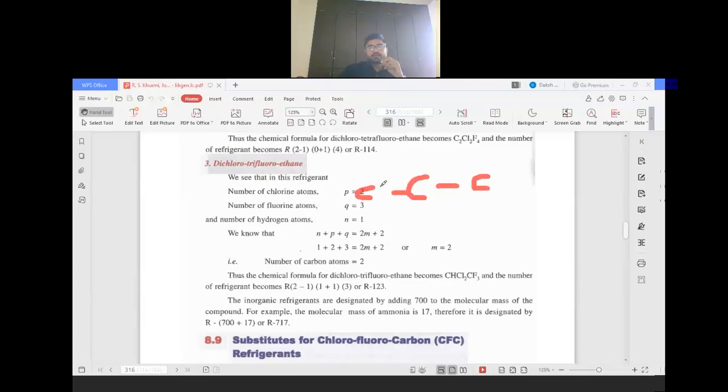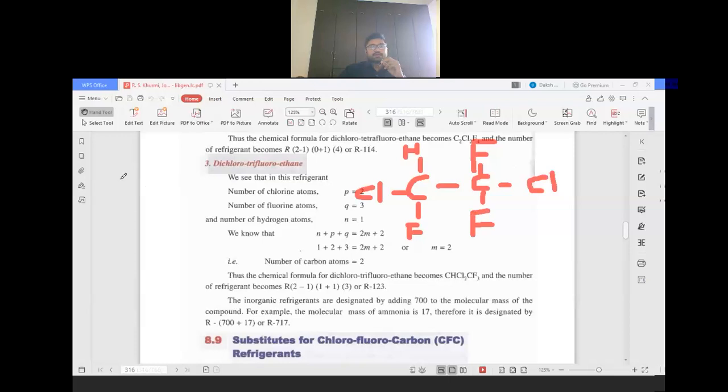So let us write down chloro here, and fluorine. Three fluorine are there. So one hydrogen will remain as it is. Just we have three fluorine. Clear? So now can we write down the formula for this?